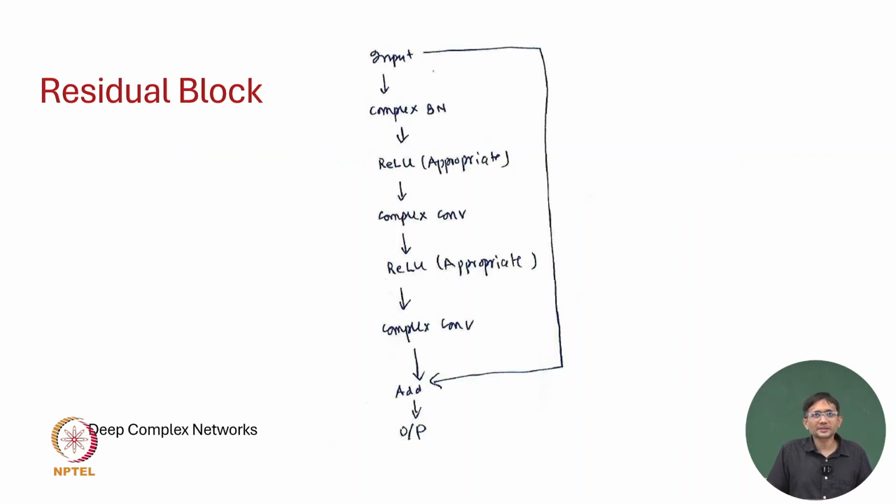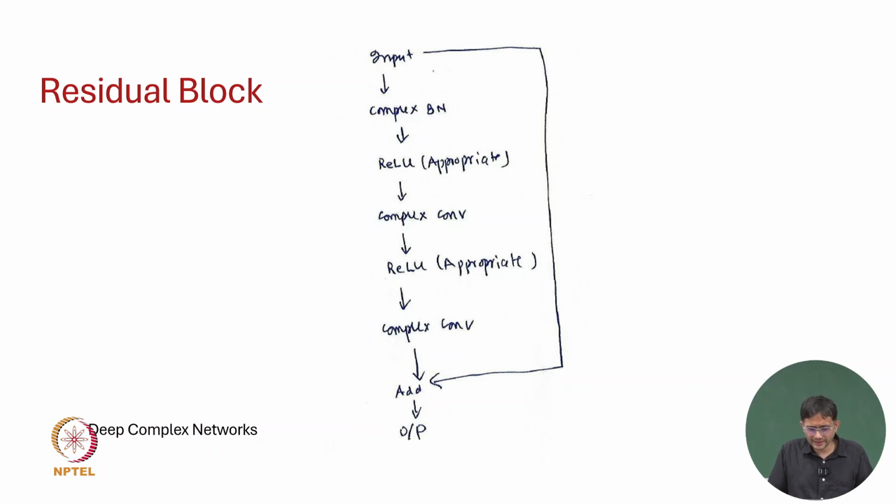So how do we put them together? Here is an example use case. Given the input, let's say we are passing it through complex BN, ReLU, complex convolution, ReLU, complex convolution, and then the input is added back, okay? And this gives us a residual kind of block, just as we have studied residual blocks in the context of CNNs.